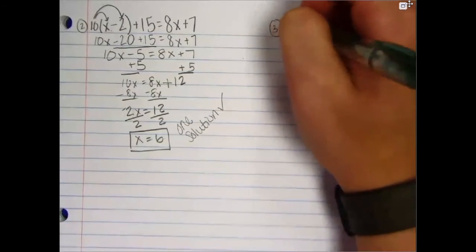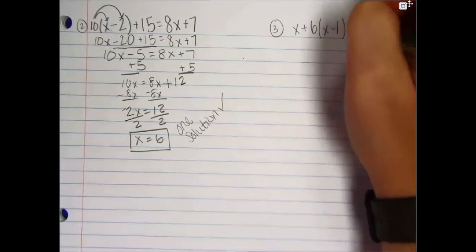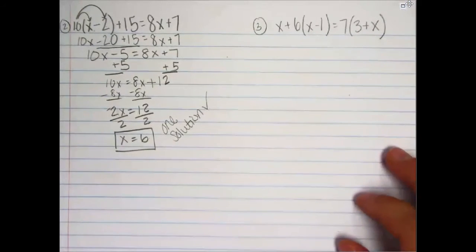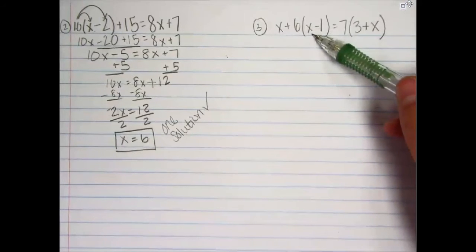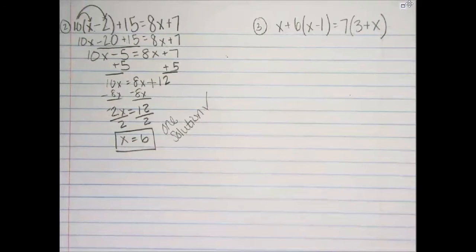All right, try this one. X plus 6 times x minus 1 equals 7 times 3 plus x. What are you going to have to do first?